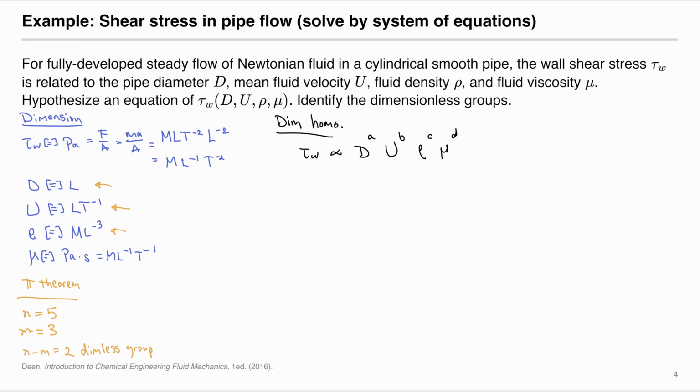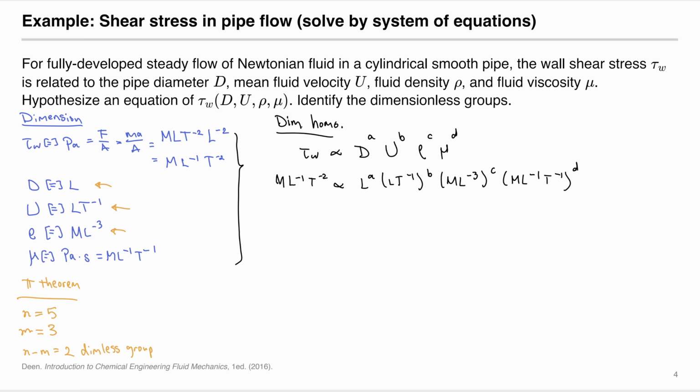Then we can substitute all these dimensions into this equation. So I have on the left hand side M L^-1 T^-2 is proportional to L raised to the a. U, the dimension is L T^-1 raised to power of b. Rho, I have M L^-3 to the c. And mu, I have M L^-1 T^-1 raised to power of d.